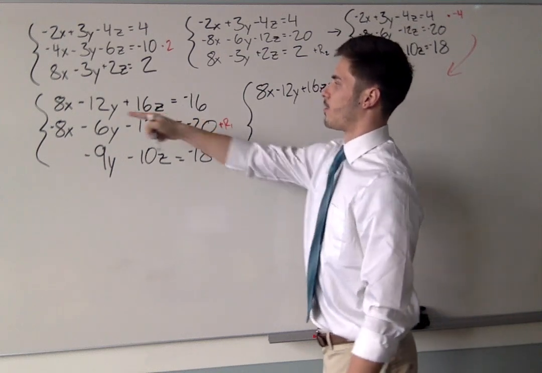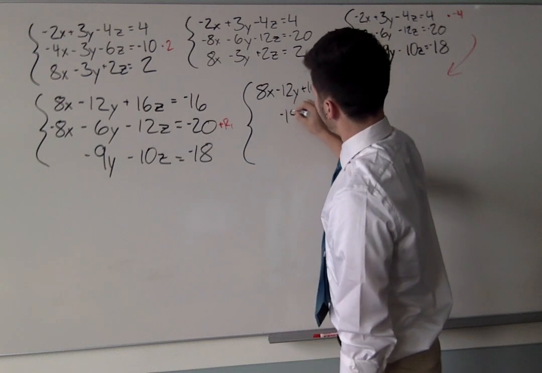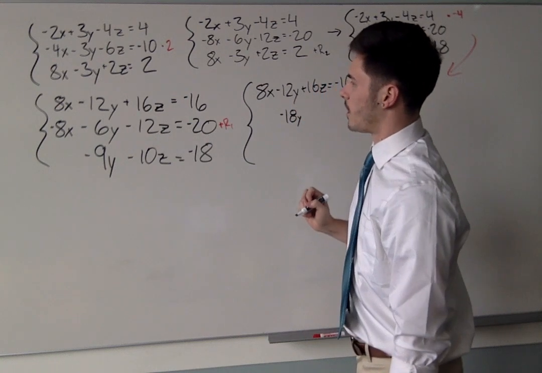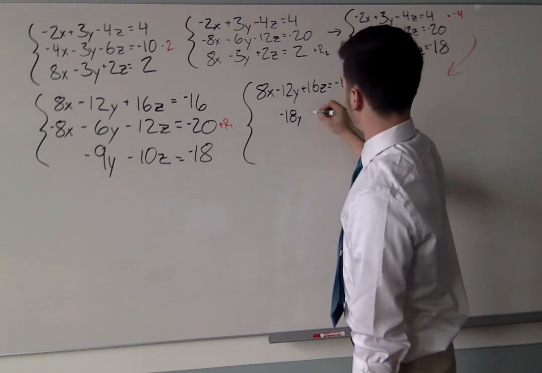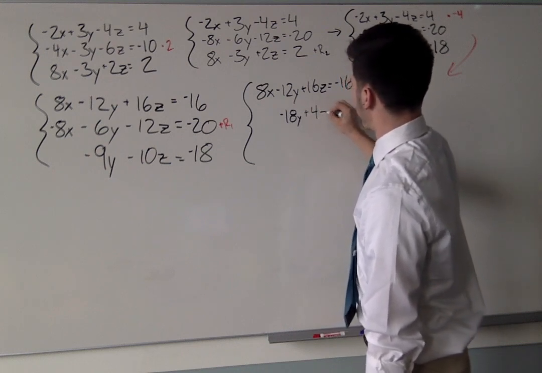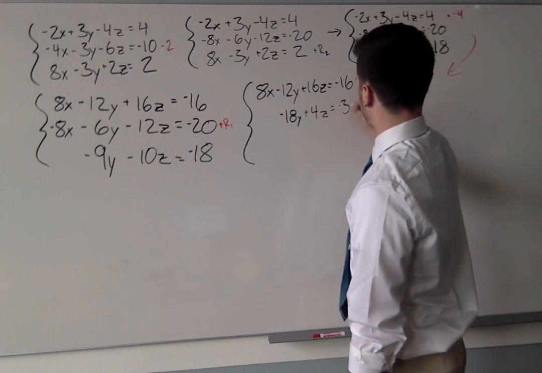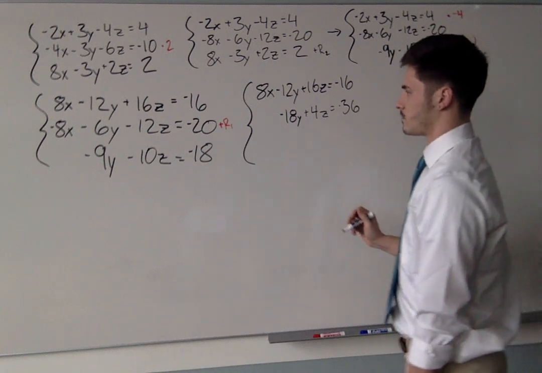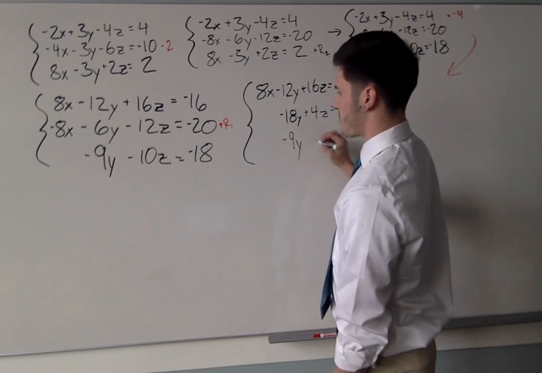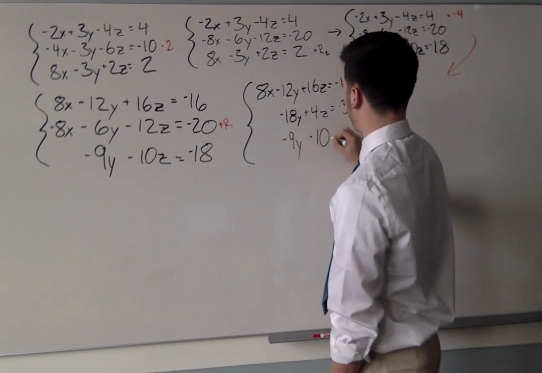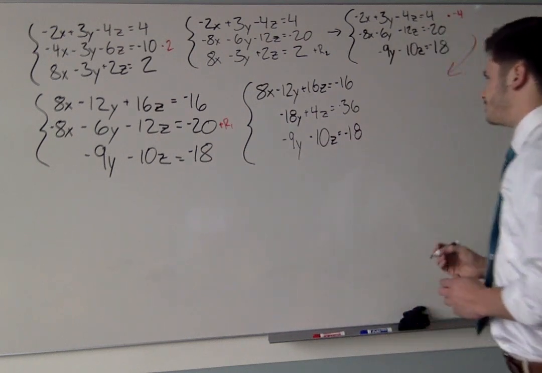And then once we add R1, we're left with 0 here, and we have negative 18y plus 4z equals negative 36. And then we've still got this down below. Row 3 doesn't change, so we have negative 9y minus 10z equals negative 18.